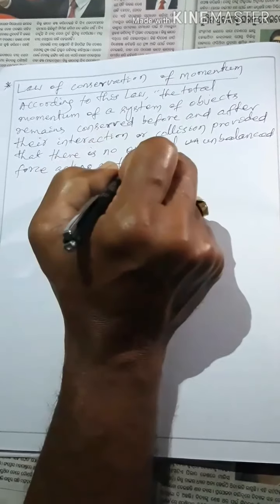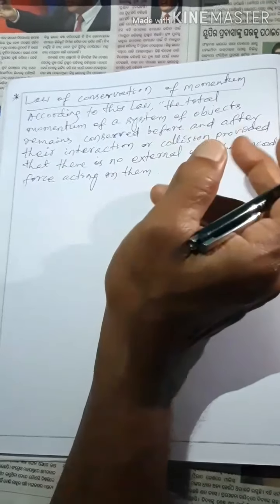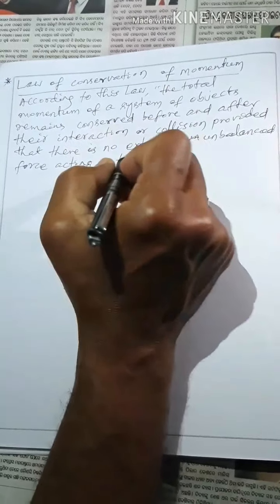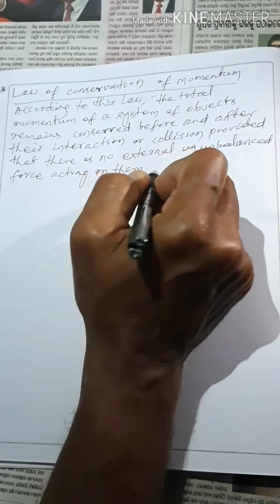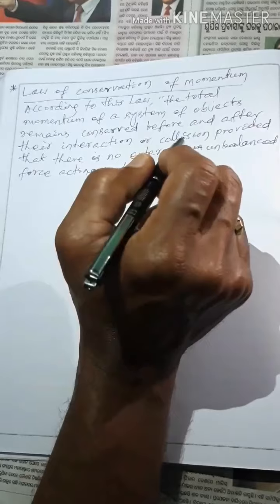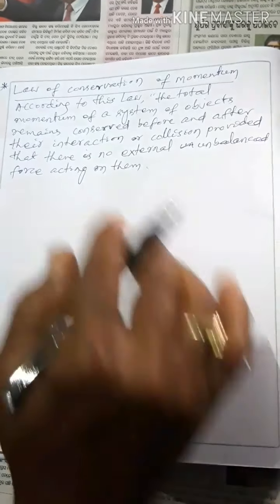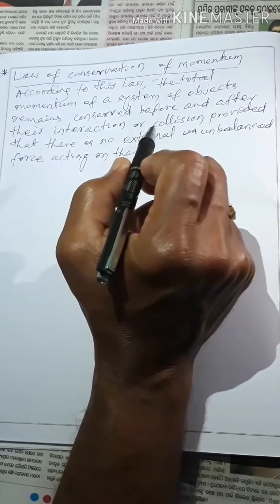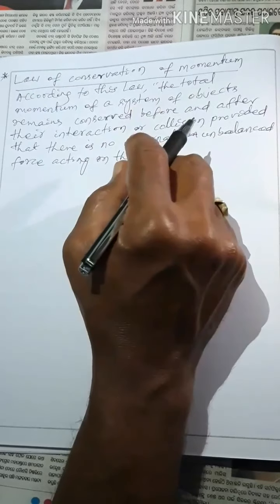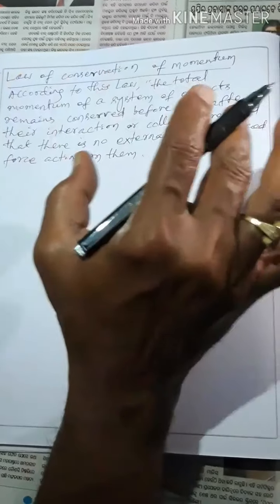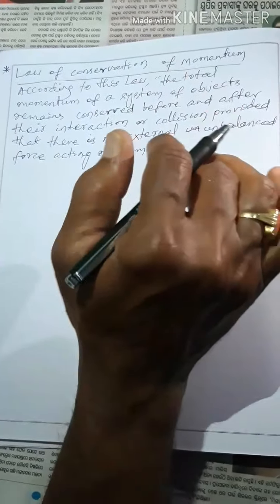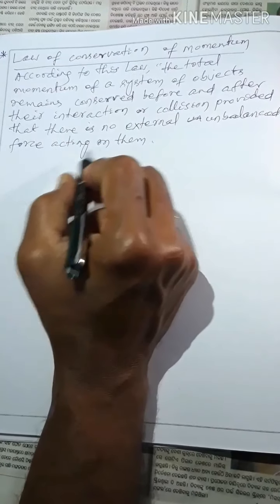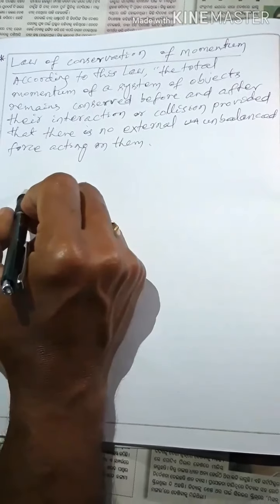According to this law, the total momentum of a system of objects remains conserved before or after collision, provided that there is no external unbalanced force acting on them. Clear? Now, to prove this, that means the total momentum before collision and after collision remain conserved, I am drawing a picture.